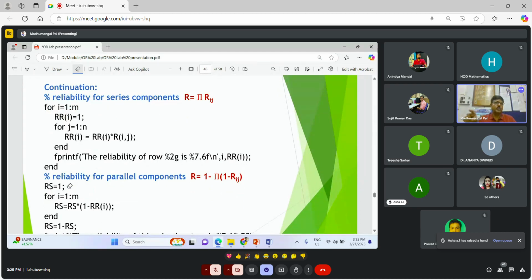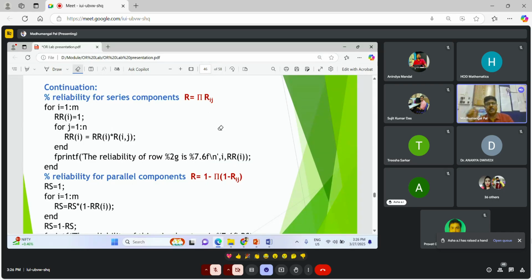And we are calculating the reliability of each row. See that in each row the components are connected in series. If the components are connected in series, then the reliability can be calculated by multiplying the reliabilities of all the components. So R equals the product of Rij, which is implemented here.